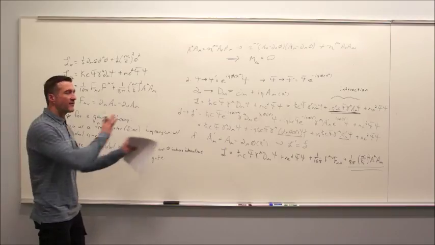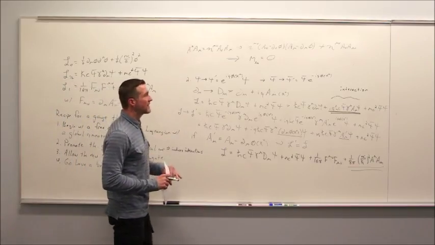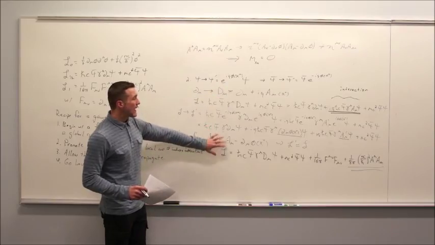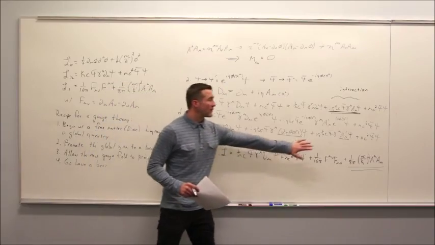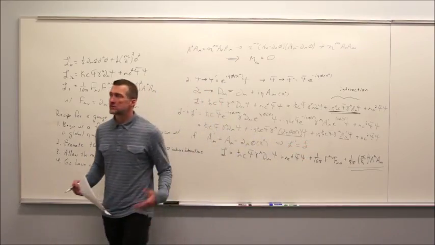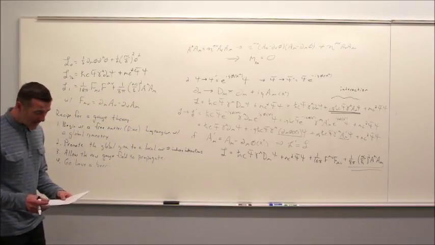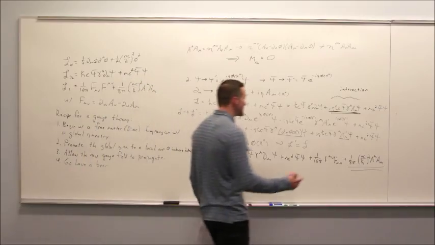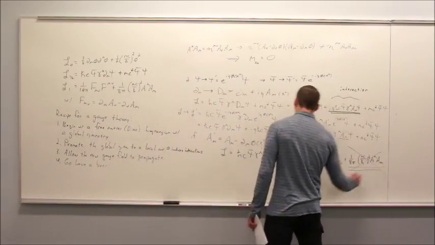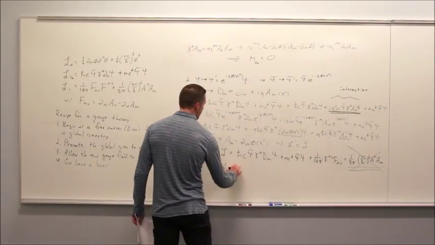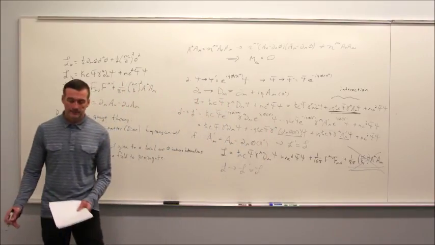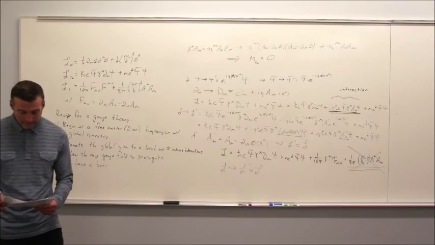But for now, without resorting to something fancy, we added a new field A, we allowed it to propagate, but in order for us to maintain this local symmetry, this new field A has to be massless. But otherwise, if I erase this guy, then I have this nice property that L goes to L prime, which is just exactly the same L I started with.